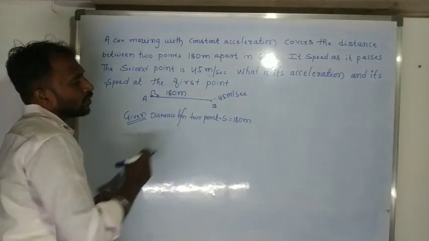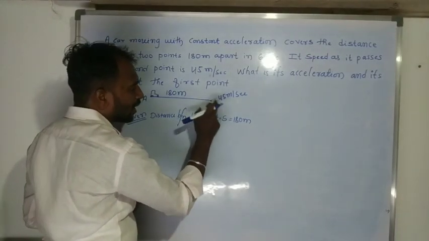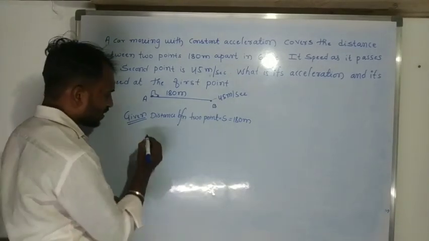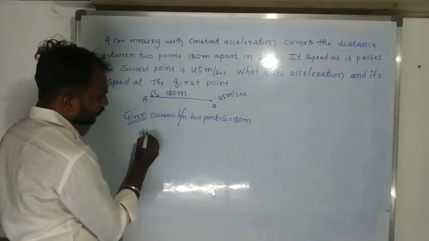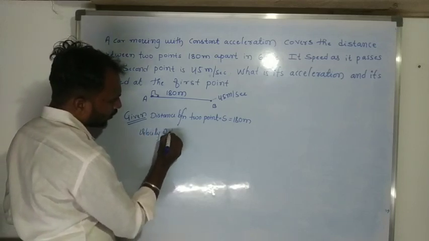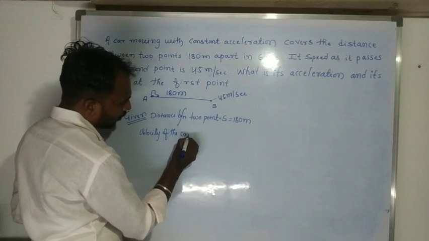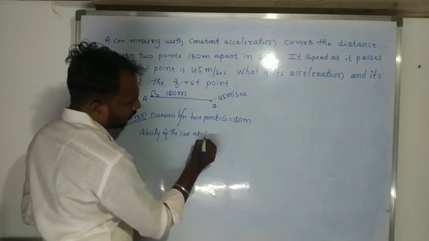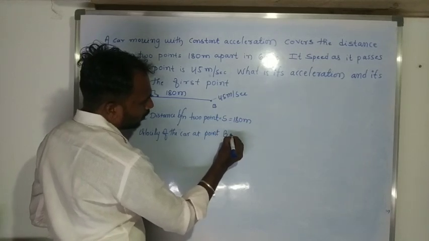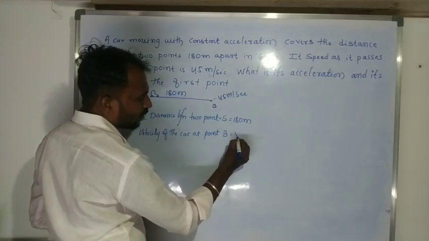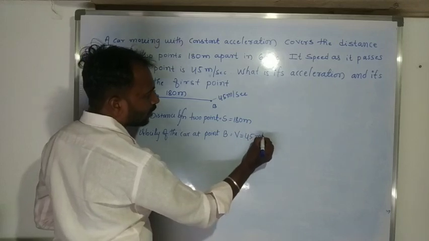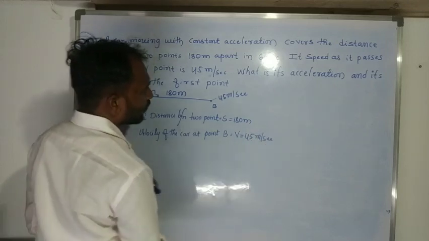Next one, velocity at point B. This velocity we consider the final velocity. So velocity of the car at point B is 45 meters per second.